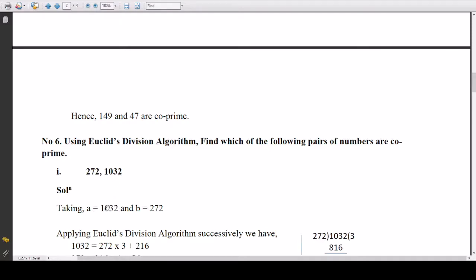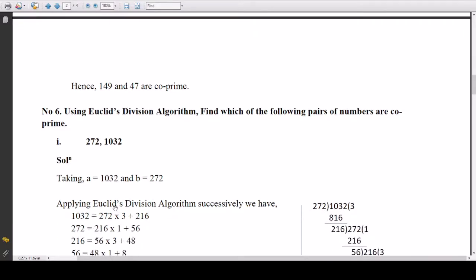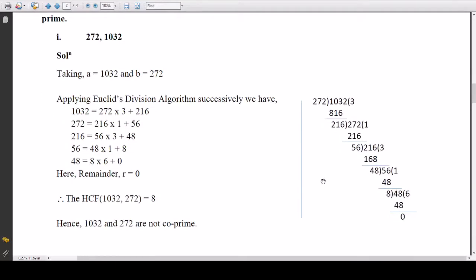Let us take A as the bigger number and B as the smaller number. When you divide the bigger number by the smaller number, here I've shown you on the right side how division is going on. 1032 divided by 272, you will go with 3, which is 816. Remainder will be 216.